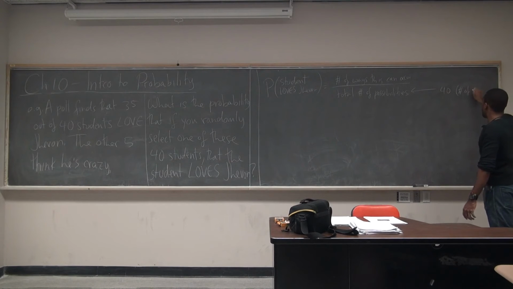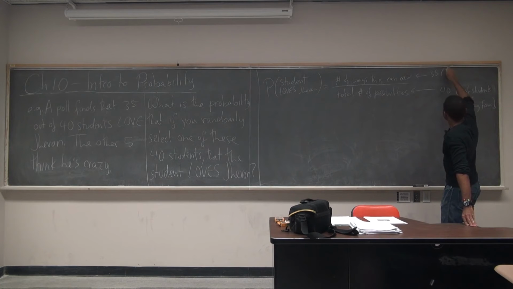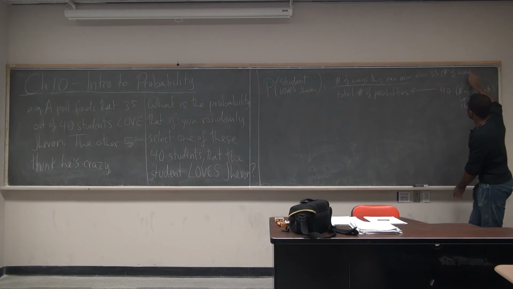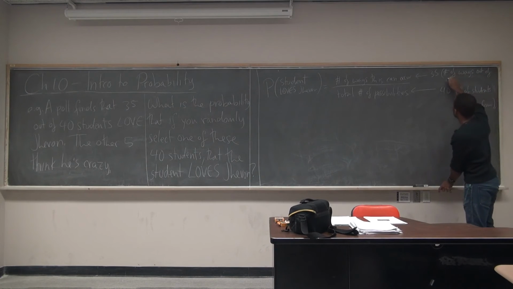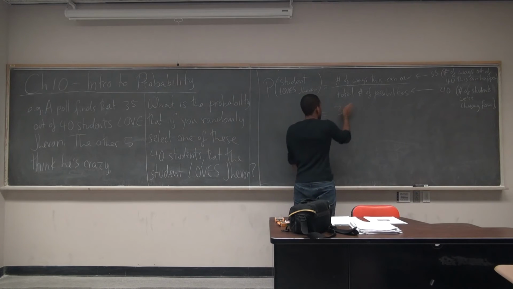This is the number of students we're choosing from. The number of ways this can occur, according to the poll, is 35. So the probability of this happening is simply 35 divided by 40, which is 0.875.